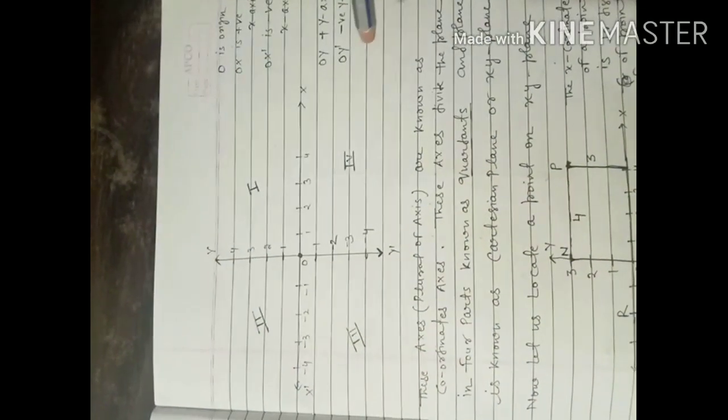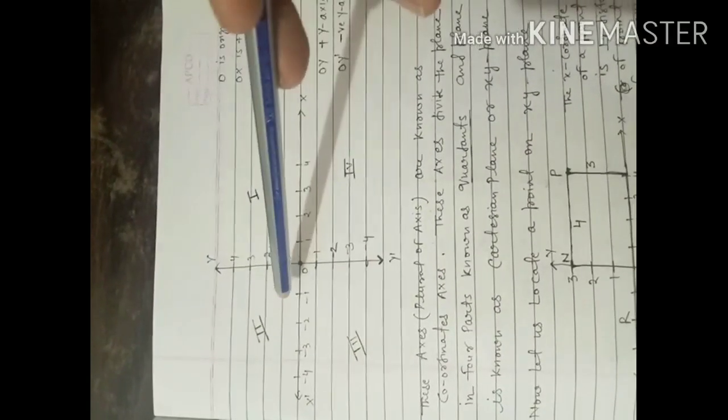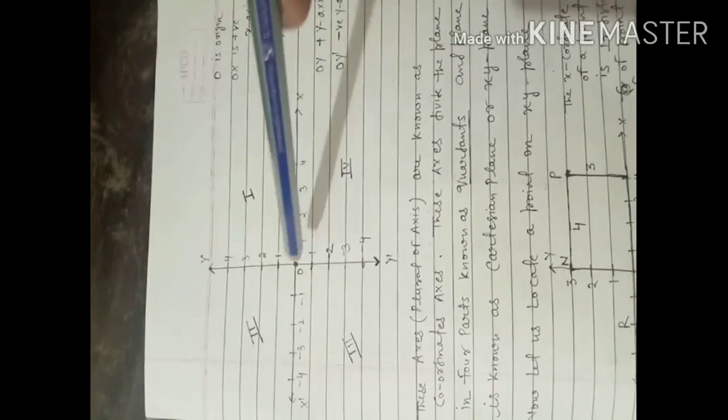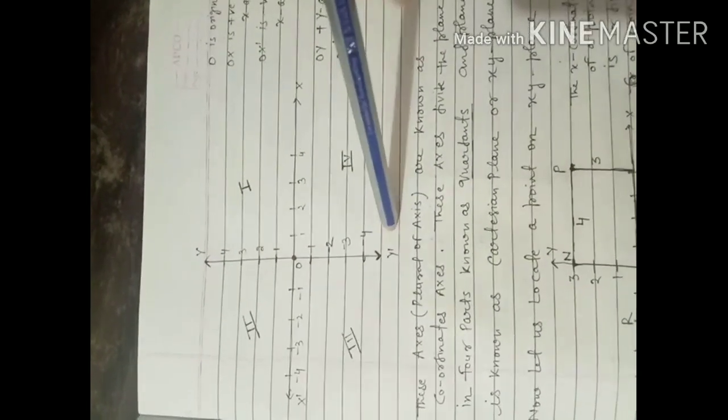Positive x-axis is denoted by OX, negative x-axis by OX dash, positive y-axis by OY, and negative y-axis by OY dash.